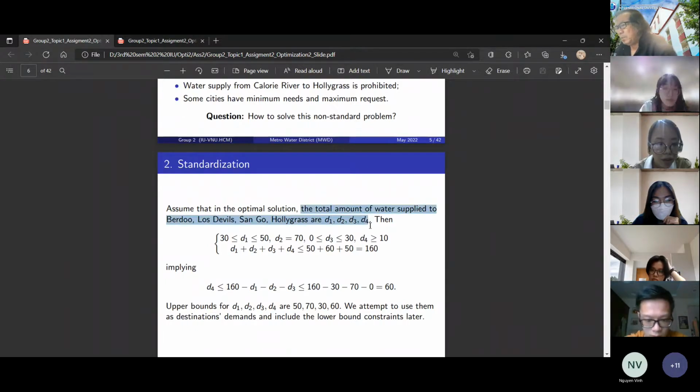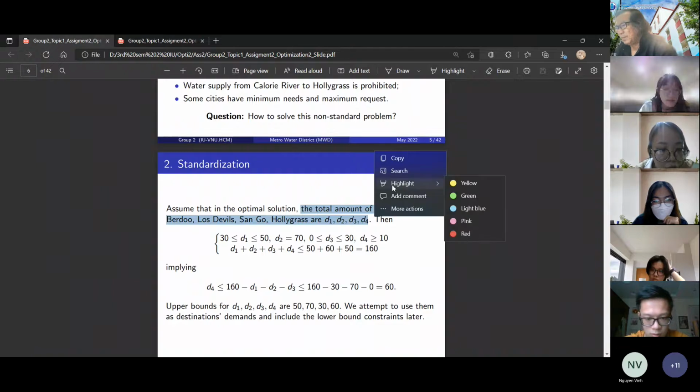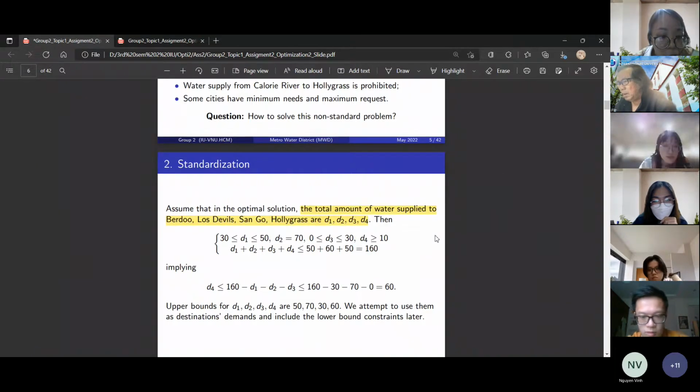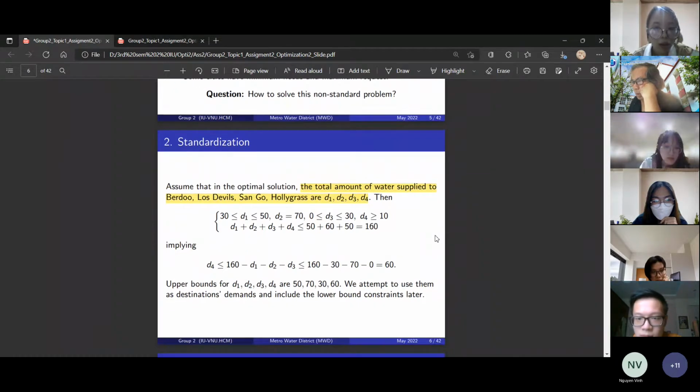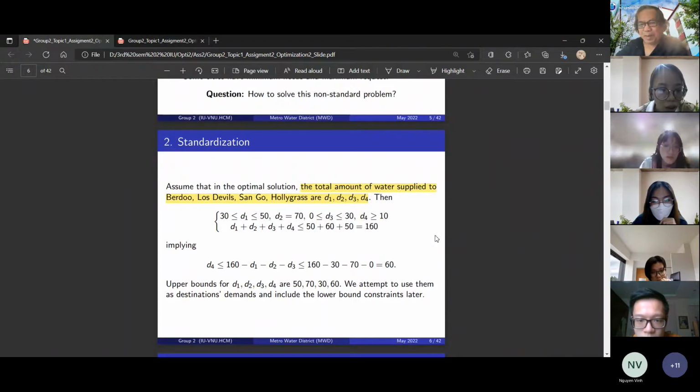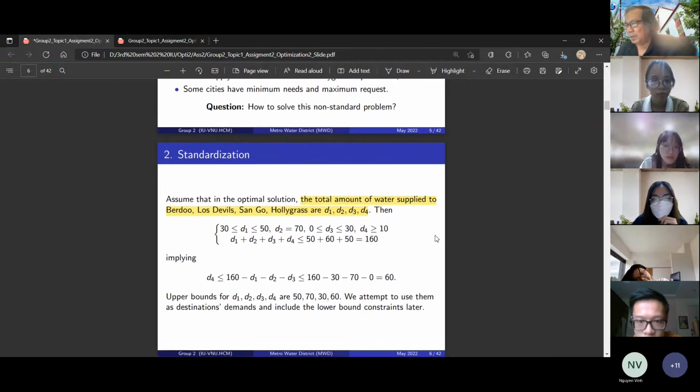You say D1, D2, D3, D4 is the total amount of water supplied to Purdue, Lost Devil, Sango, and Holy Grass. Writing it like this is very hard. You must attach the table so that people can see D1, D2.